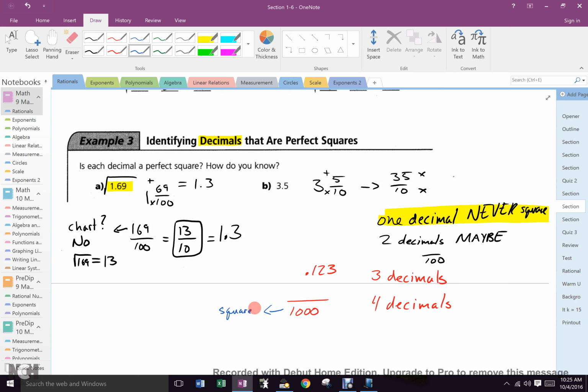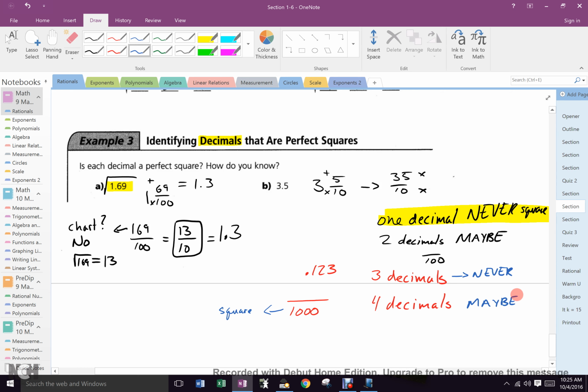No, it doesn't, does it? So 3 decimals is a never. What about 4 decimals? 4 is a maybe. Because it's 10,000.